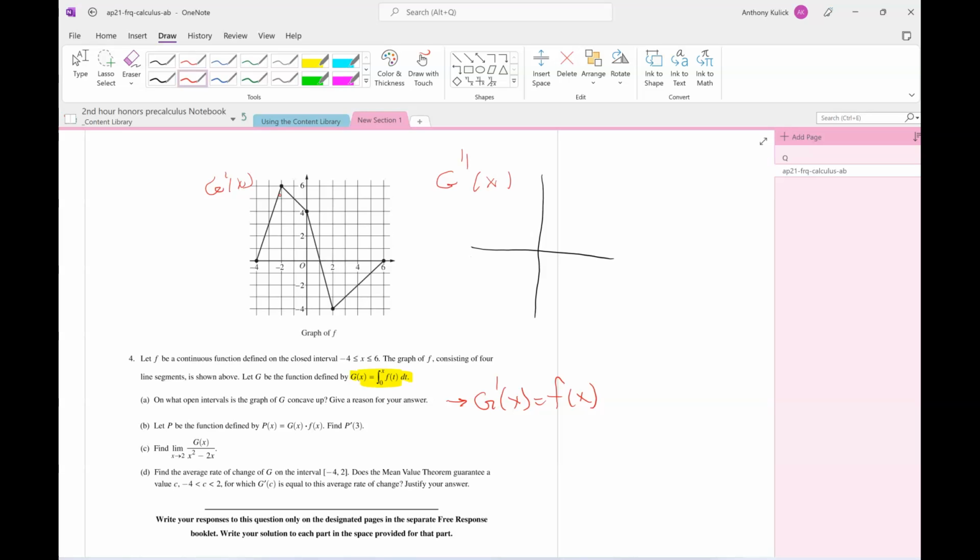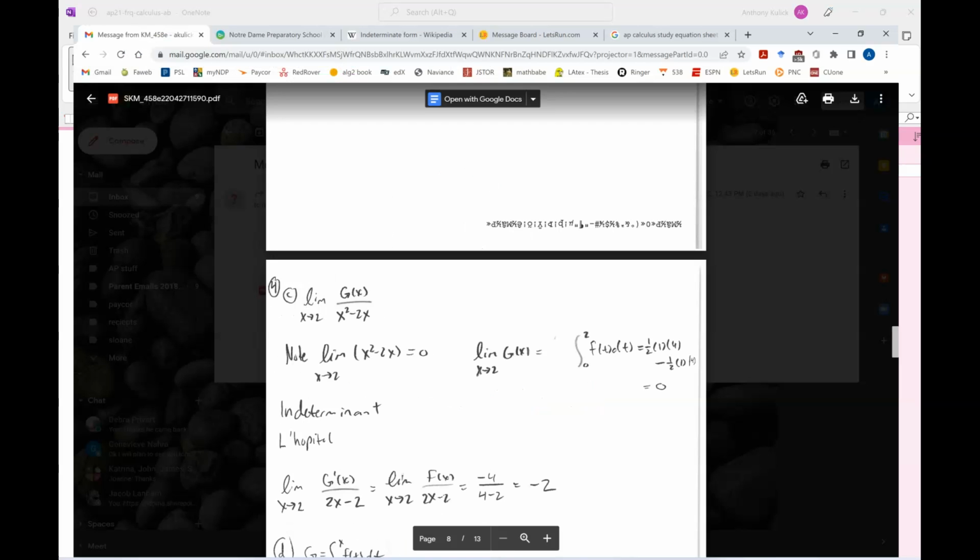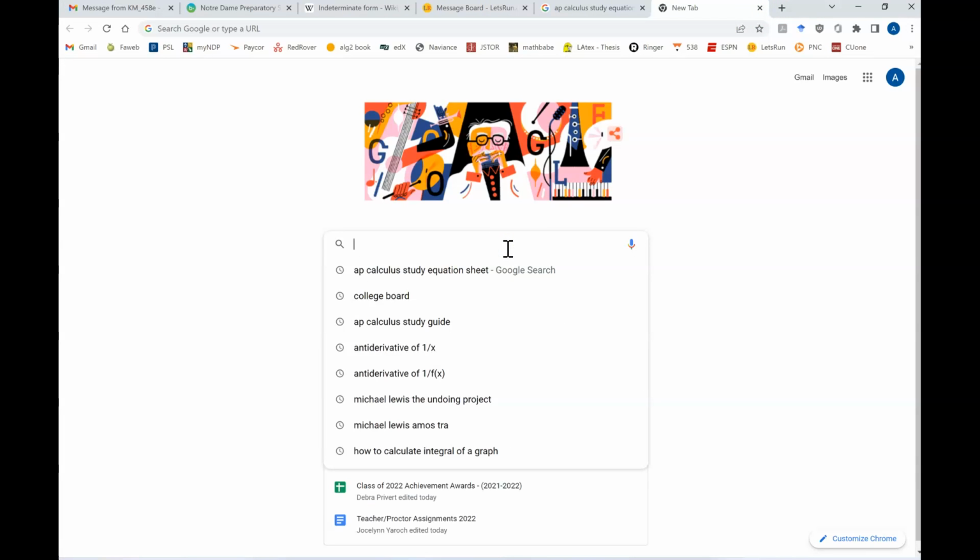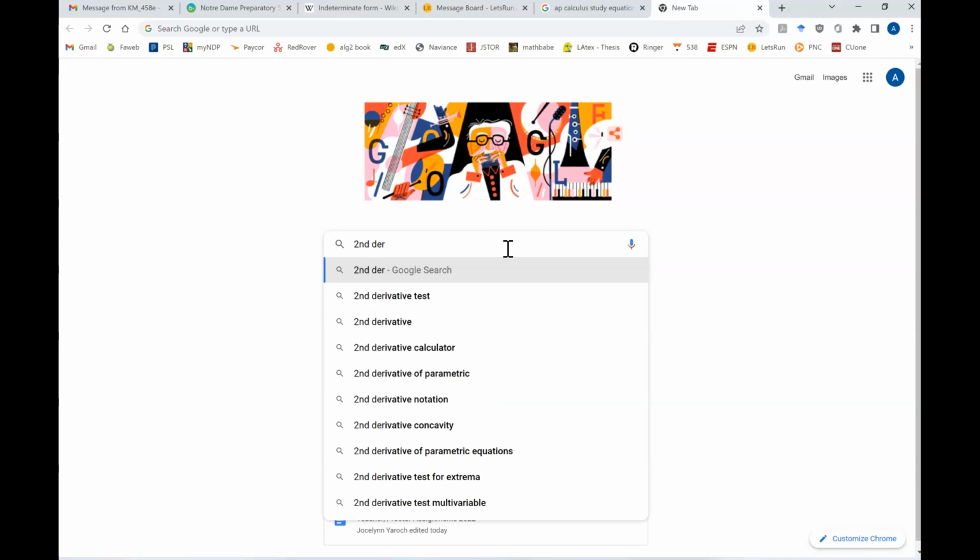That's where the change in concavity occurs. But if the derivative is positive and the second derivative is negative, that tells you something, whether it's concave up or down, and vice versa, right? I don't know after that. It's been so long. This would be one of those things that would be desperately good to memorize. This is the second derivative test.